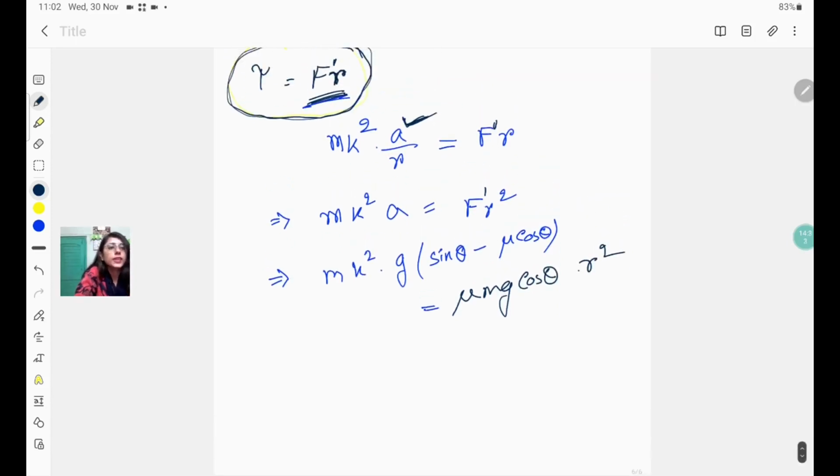Okay, so m k square into g sin theta minus mu cos theta equals mu mg cos theta R square. From both sides, m cancels out and g cancels out. So finally we need to find the value of mu.